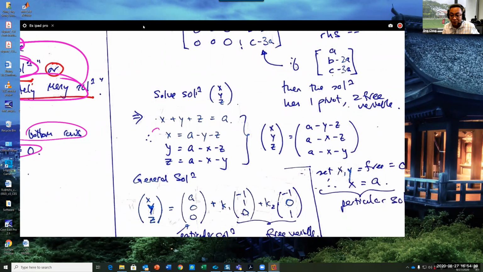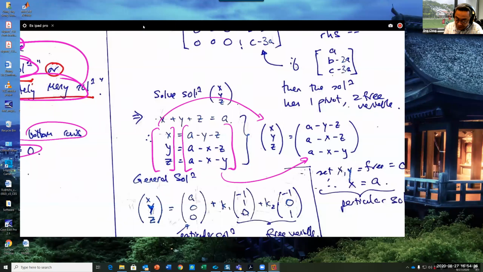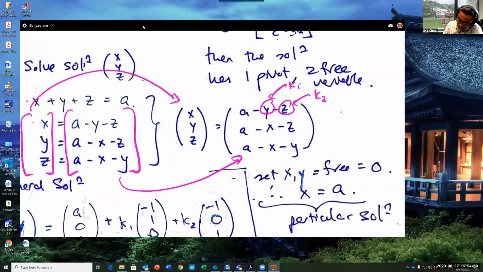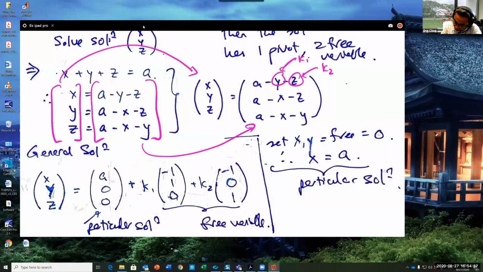Okay, still nothing much has changed. But remember that y and z are free variables. Free means that they can be set to any value. Let y be k1, z be k2. So what happened? Then we can write it as equal to a.